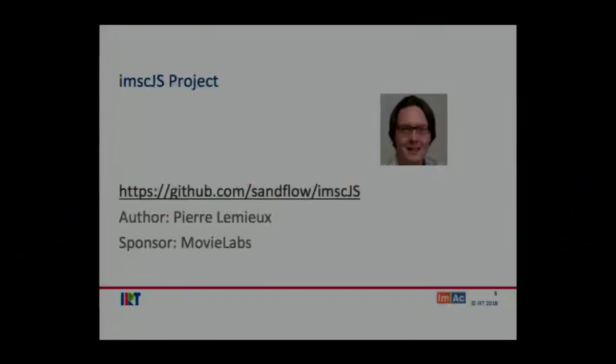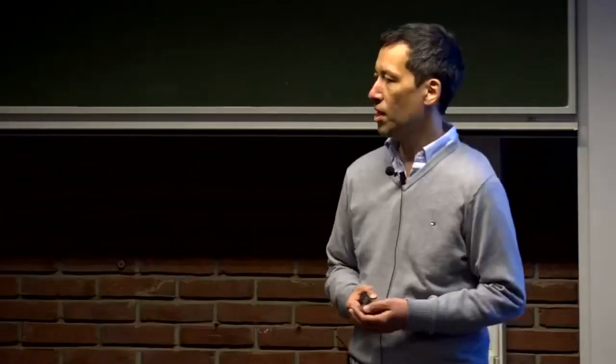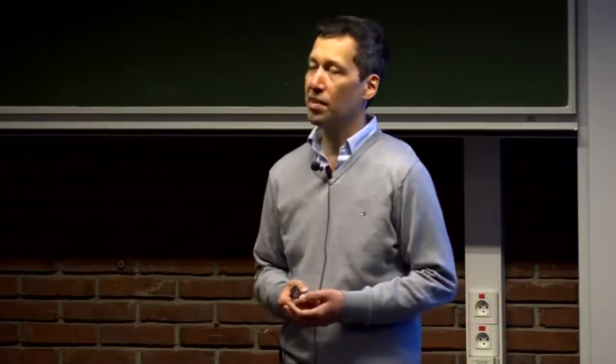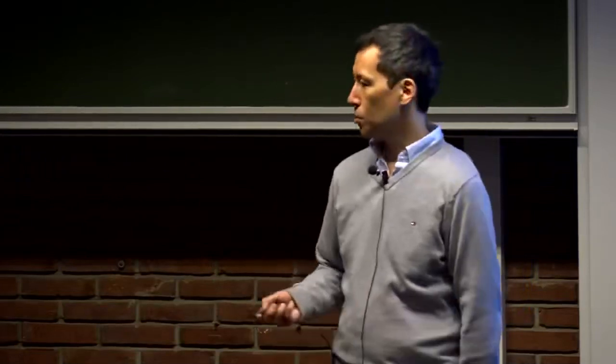It's, of course, hosted on GitHub, and the author is Pierre Lemieux, who is also the responsible editor of the imsc spec. His work for standardization, but also for imscJS, is sponsored by MovieLabs, and MovieLabs is an R&D organization funded by, I think, 6 major Hollywood studios.